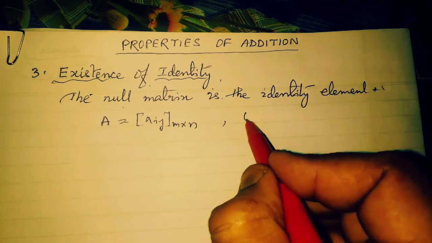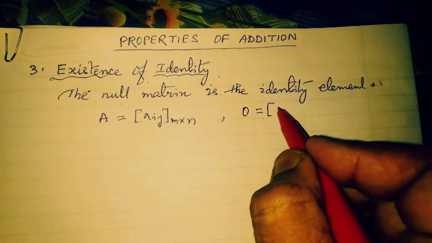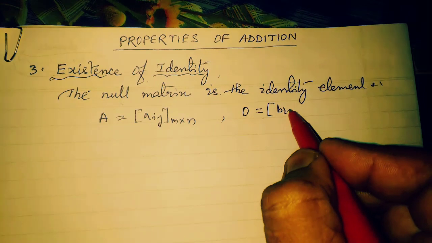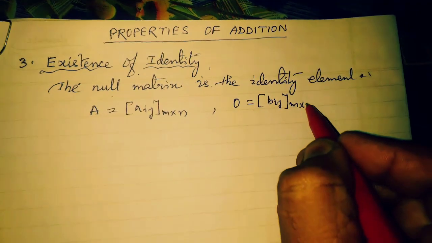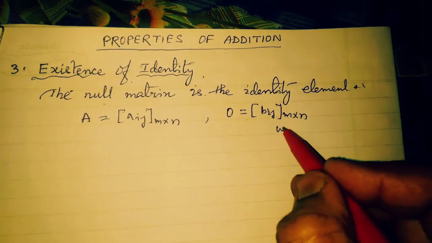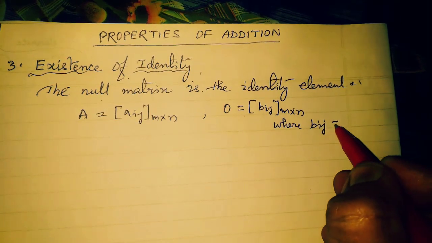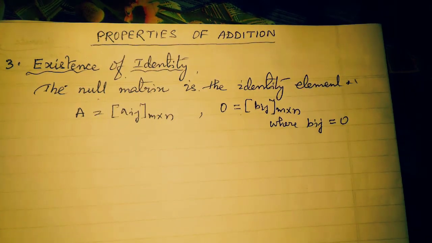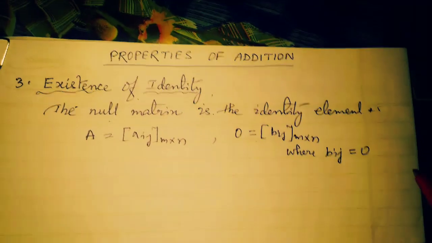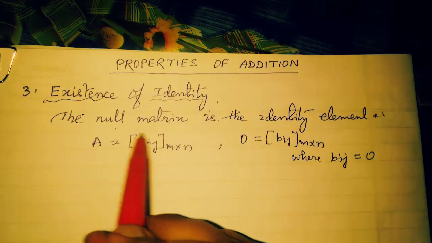And a null matrix is also given, whose order is also M into N, suppose we write B_ij, where each and every element is 0 for any value of i and j. So what it is telling over here, existence of identity: the null matrix is the identity element.